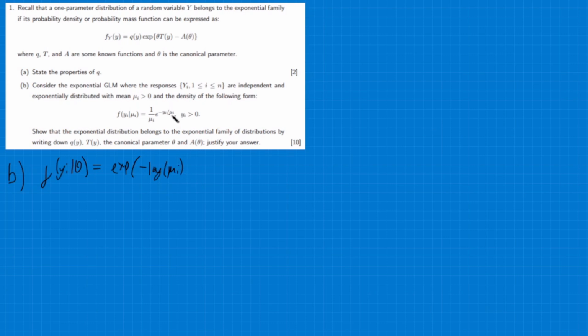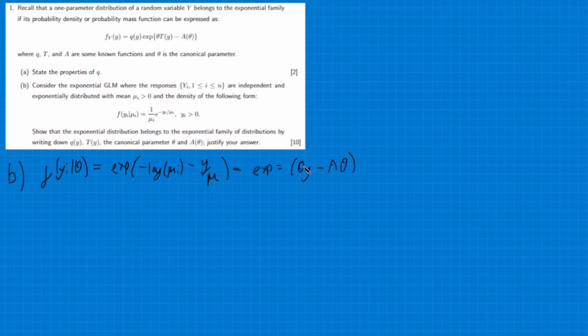Then we can take this into the function. Obviously you forget about this part because it's behind the comma. We can make this look a little bit nicer and get it into this form here by writing exp of theta y minus a of theta.